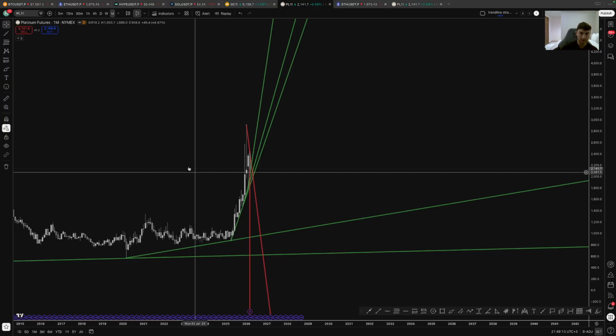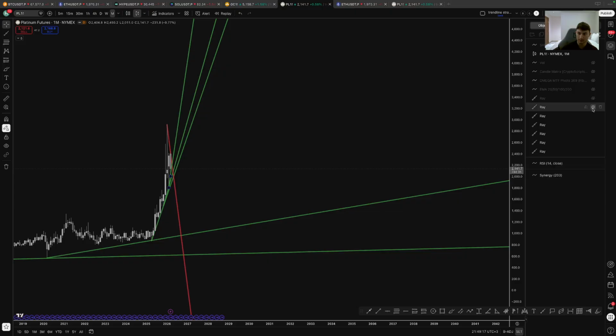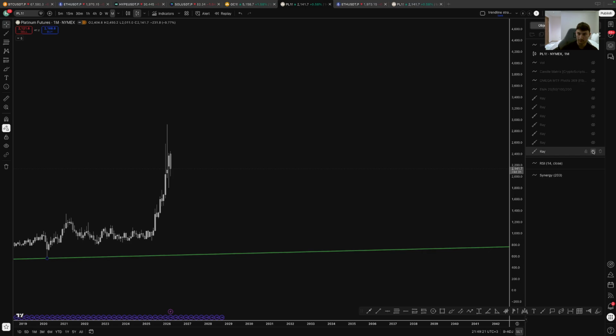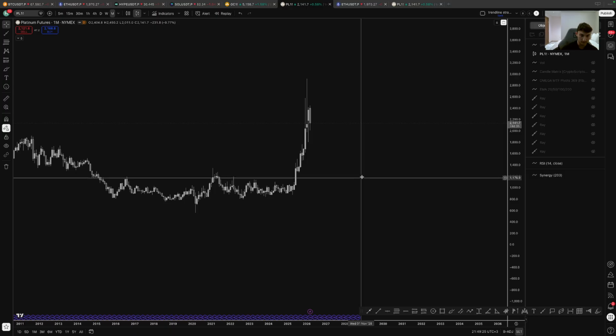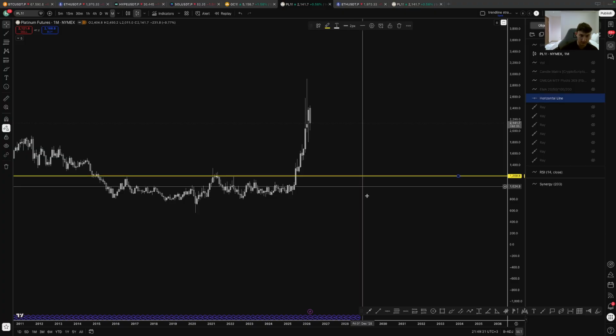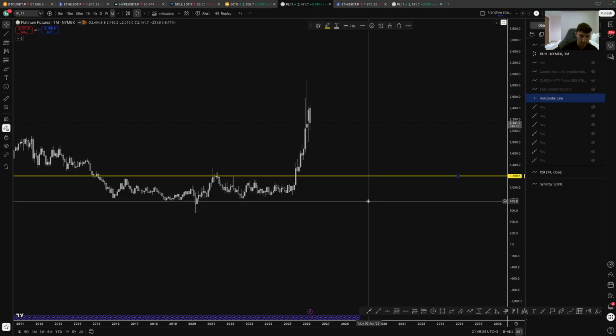So you can do here on TradingView, you can go there and just hide these trend lines like this. So you can draw your support and resistance correctly. You've got one here. You need to get as much touch points as you can. There you go.